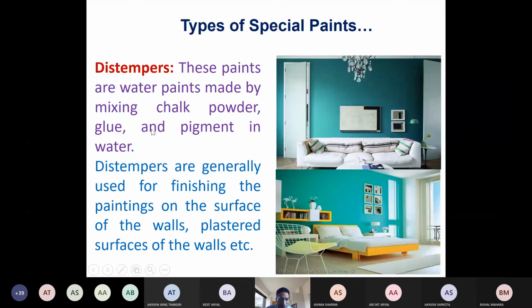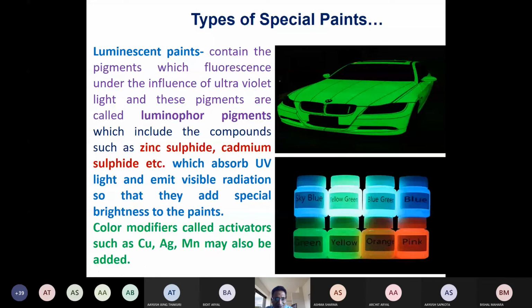Now luminescent paint, its name gives more and more information about the paint. It contains pigment which fluoresces under the influence of ultraviolet light, and these pigments are called luminiform pigments, which include compounds such as zinc sulfide, calcium sulfide, which absorb ultraviolet light and emit visible radiation, so that they add special brightness to the paint.